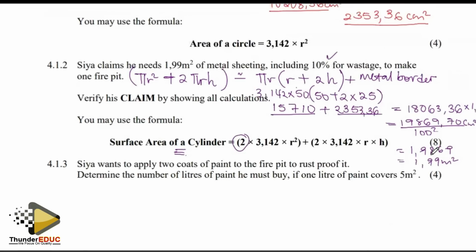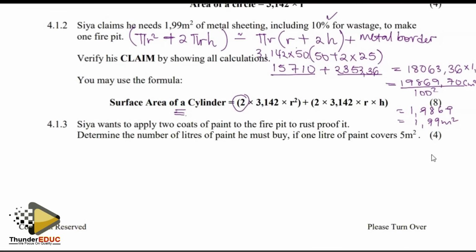And now we've just seen that he needs 1,99, so here, 1 liter covers 5 meters squared. This is less than 5 meters squared. That means they will need 1 liter. They ask for 2 coats, okay. But still, I doubt that it will go beyond that.